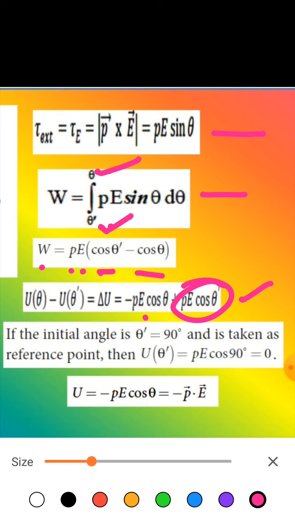Since theta is equal to 0 degrees, cos 0 value is 1. Therefore, our electrostatic potential energy of a dipole in a uniform electric field is U equal to minus P vector dot E vector. The negative sign is with respect to the external electric field.